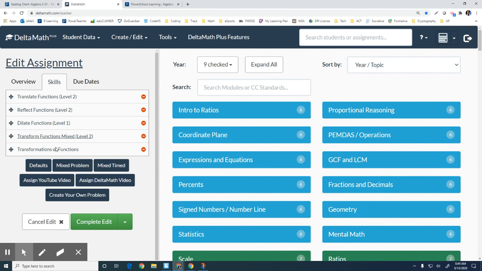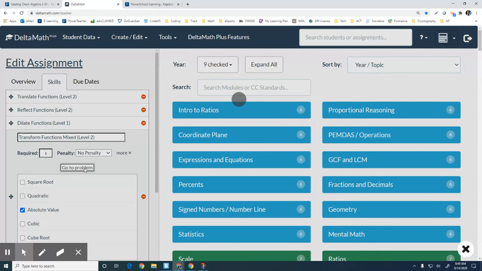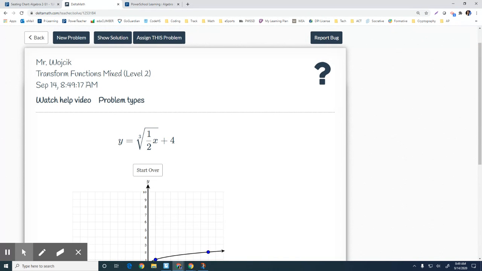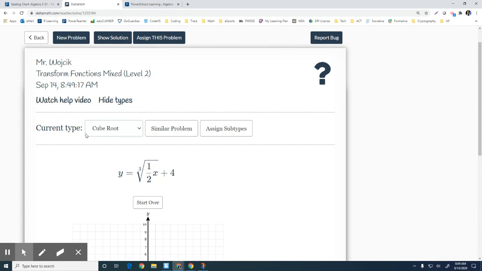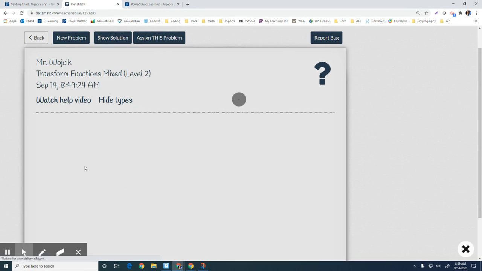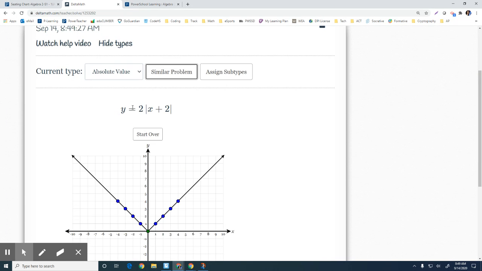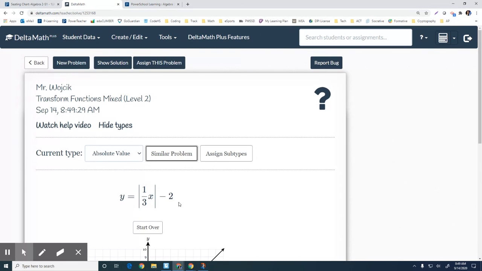These two at the bottom are just bigger combinations of all those transformations, with absolute value ones where there's maybe a dilation and a translation for you to work on.